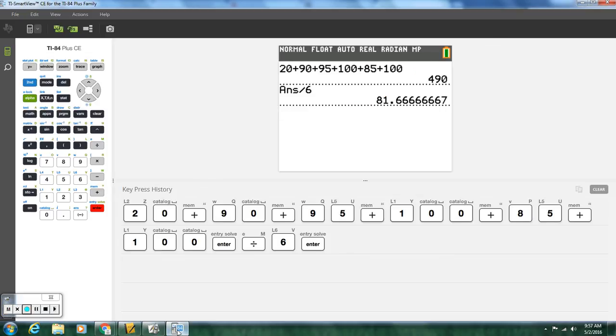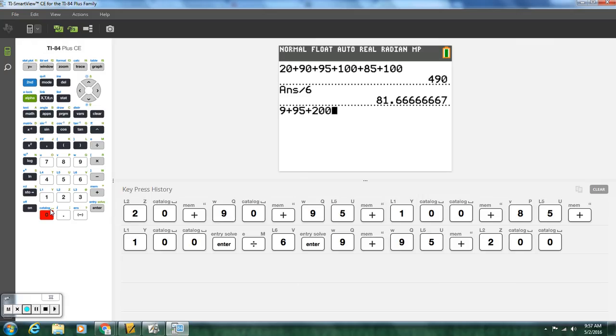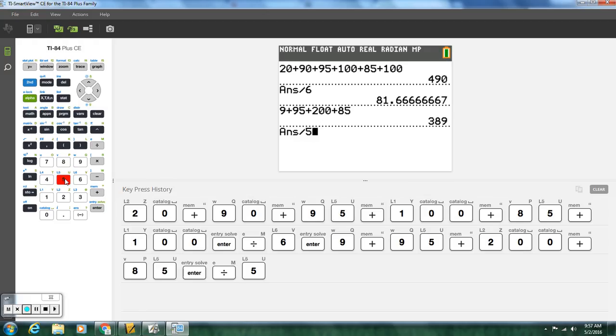So if I go back over here, and now I take out the 20, I've got 90 plus 95 plus 100 plus 100 plus 85. Now instead of dividing by 6, I'm going to divide by 5.